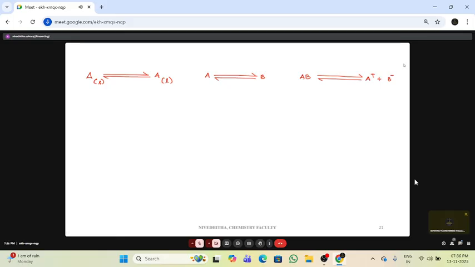I've written 3 equilibrium reactions and I want you to tell me what is the difference between all the 3 reactions.